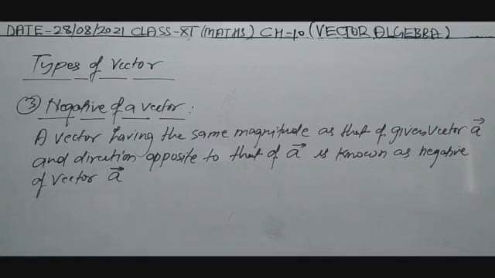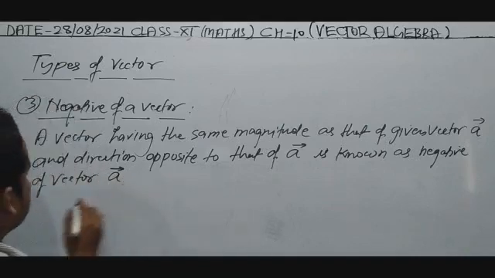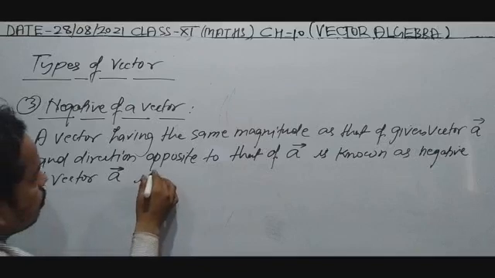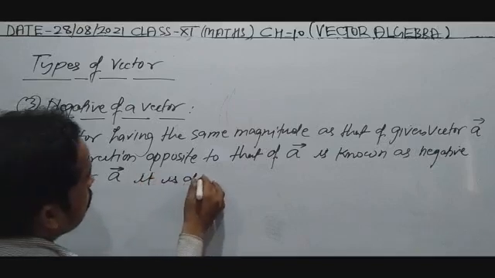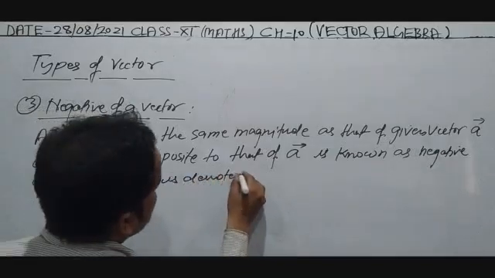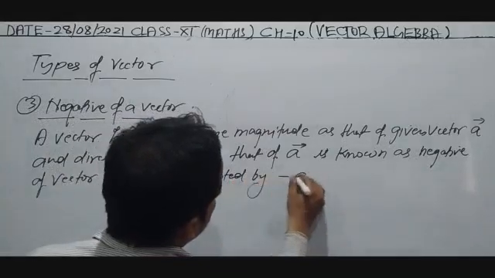And negative of vector A is denoted by vector A with a negative sign.